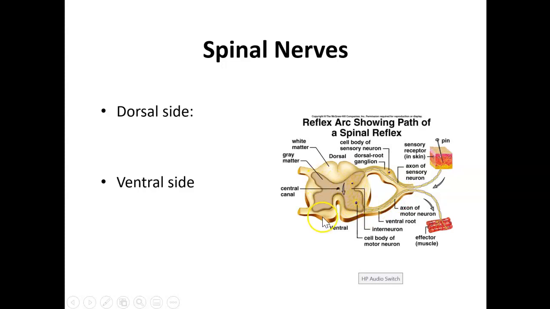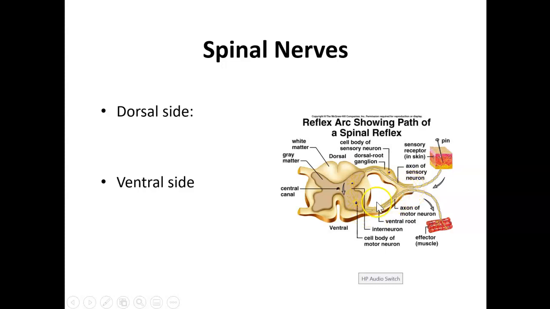This is the gray matter, okay, gray matter. And then you remember you have the horns. So you have the dorsal horn and you have the ventral horn, or the posterior horn and the anterior horn. So again, sensory in the dorsal side into the horns here, and then you have the ventral horn, and then you have the ventral root.